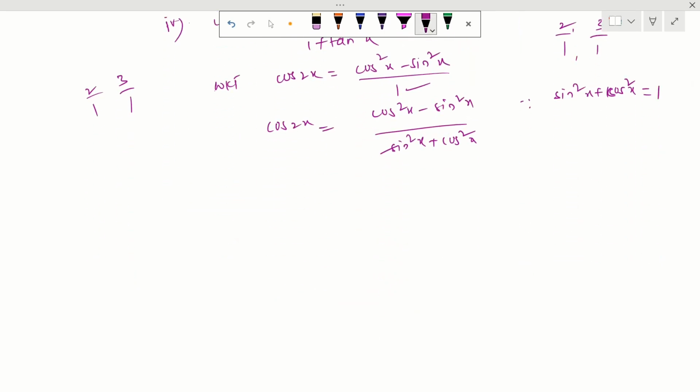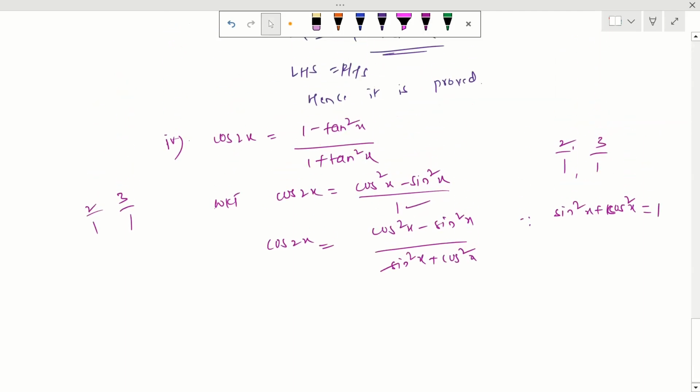Now just observe this term. Here 1 has to come, which means we have to divide by cos square x, both terms. So divide cos square x on both numerator and denominator.